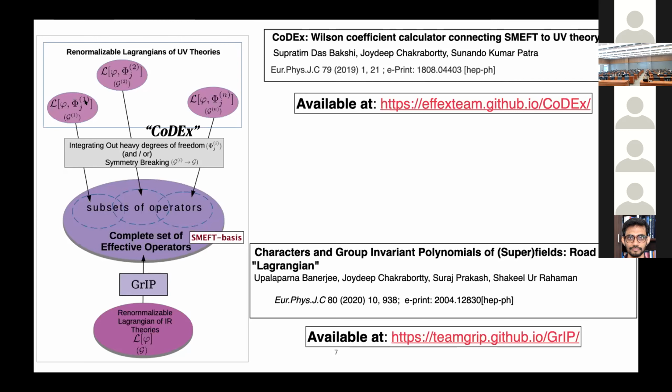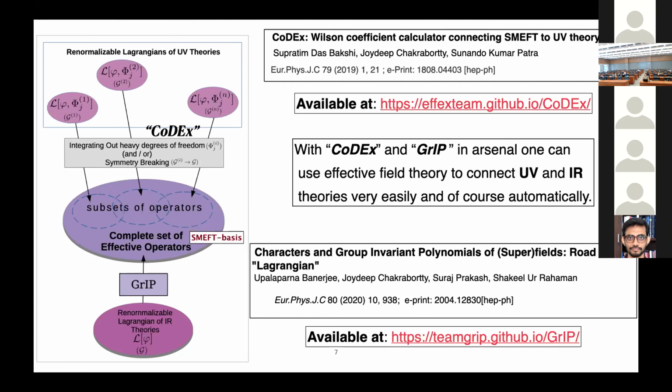So this is one of the stepping stones to discriminate different kinds of UV theories relying on this effective field theory approach. For that we can see that you need two tools. One will help you to bring down different UV theories to the SMEFT level, or if you think about it along with the SMEFT, if you want to add some lighter degrees of freedom, let's say a right-handed neutrino or some charged scalar and so on.